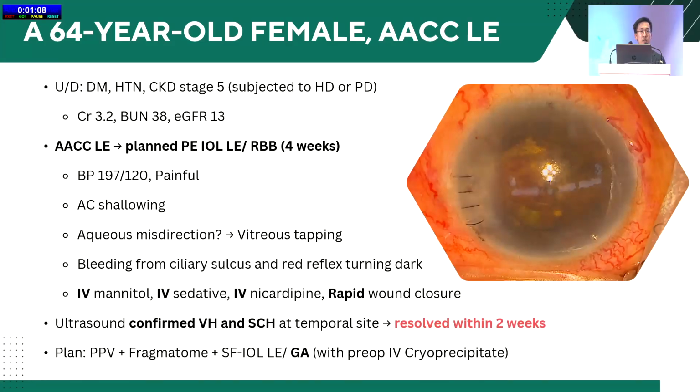They managed very quickly with IV mannitol, IV sedative, and nicardipine, and closed the wound very rapidly. Ultrasound confirmed that there was a vitreous hemorrhage and a suprachoroidal hemorrhage at the temporal site, which luckily resolved spontaneously within 2 weeks. So at this time I planned to do the vitrectomy with the fragmatome.